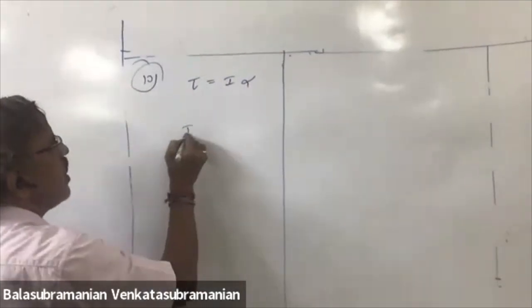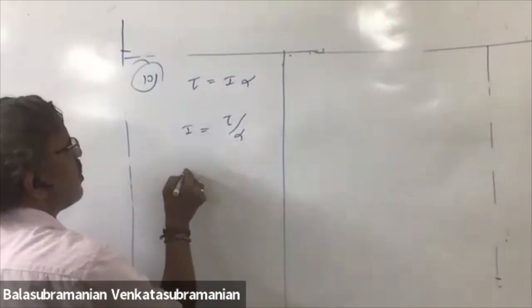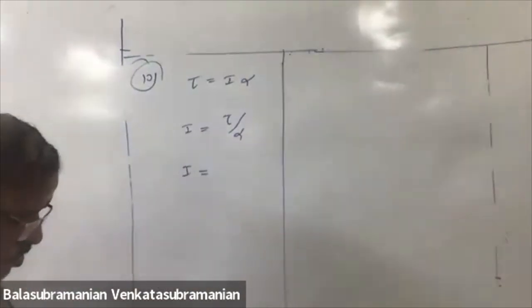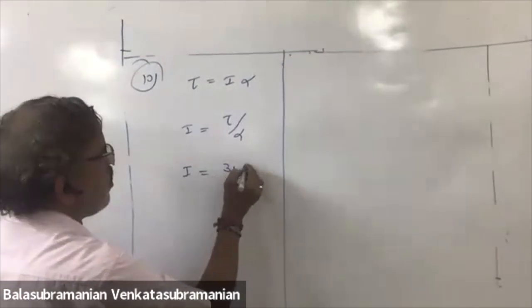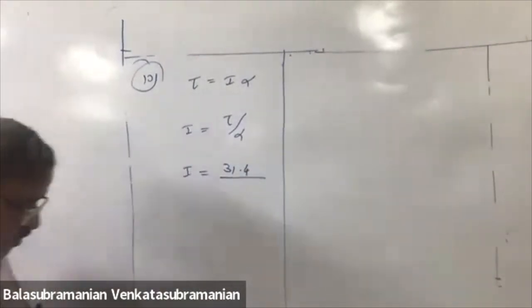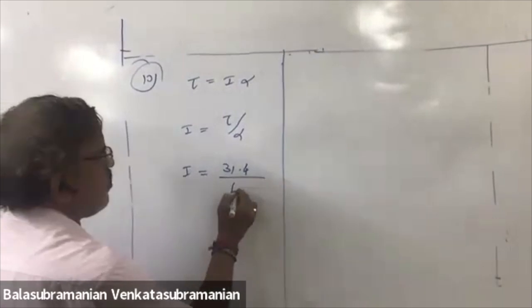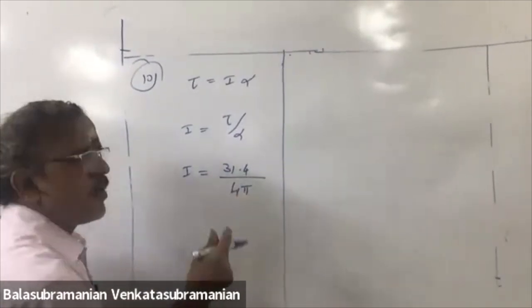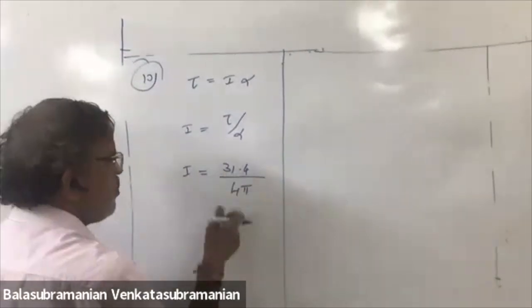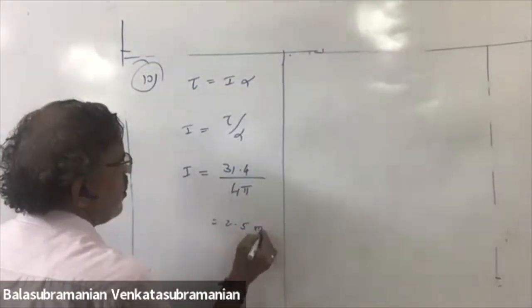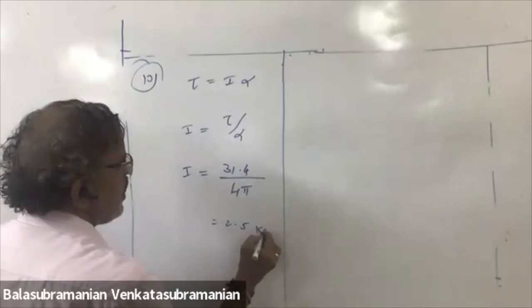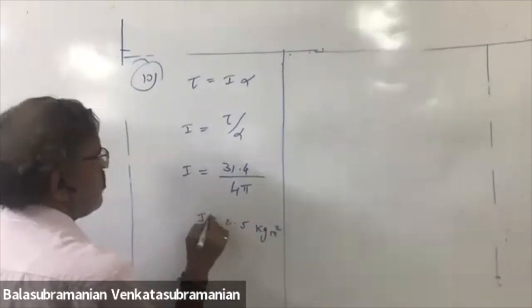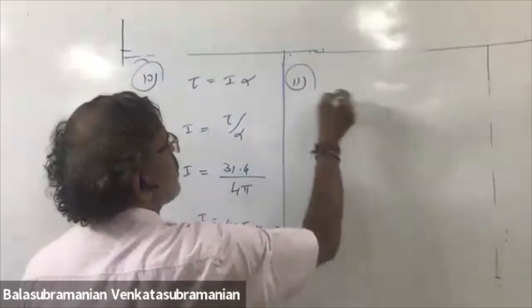Straight problem. I is tau by alpha. What is tau? 31.4. Alpha value 4 pi. Pi is 3.14, and 31.4 is 10 times that. 10 by 4 is 2.5 kilogram meter square. Moment of inertia for the 10th problem.